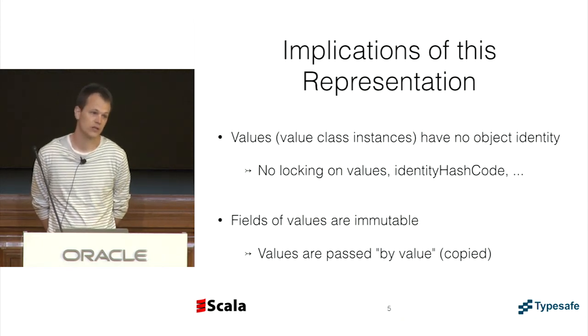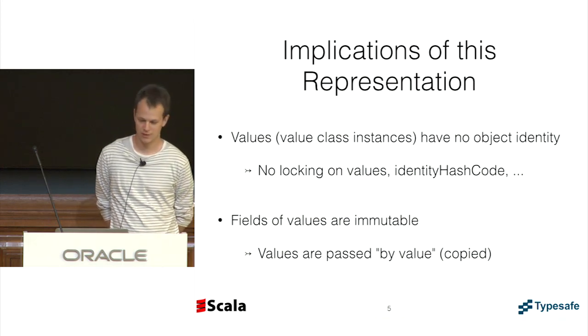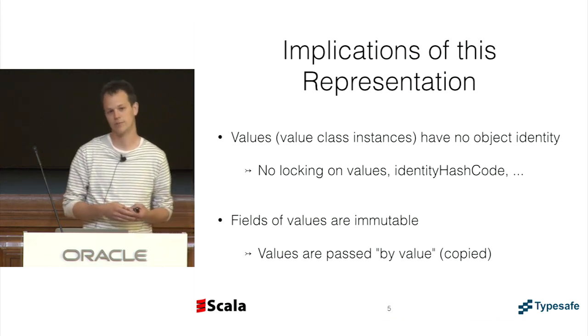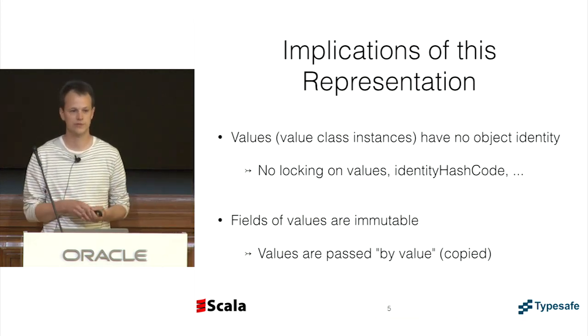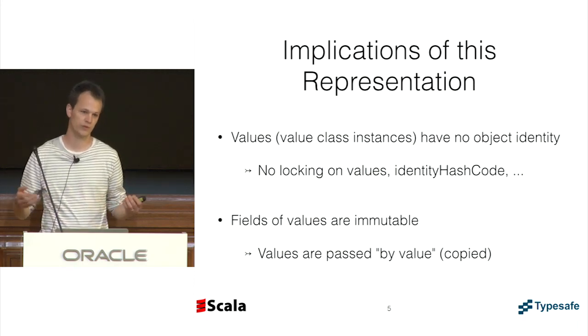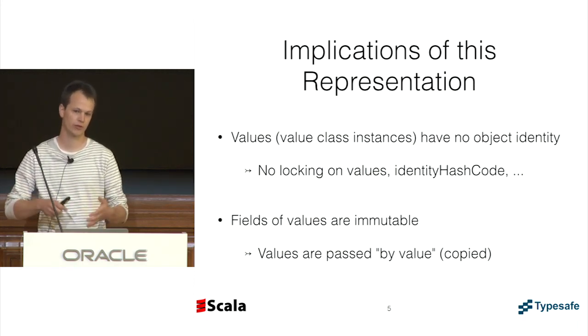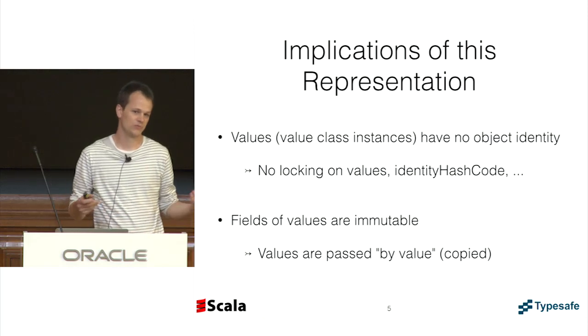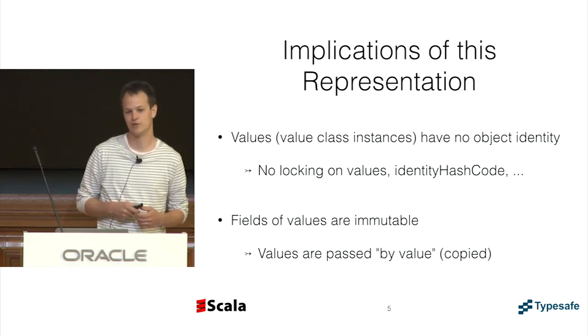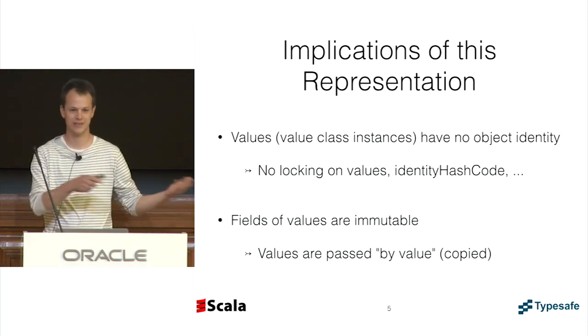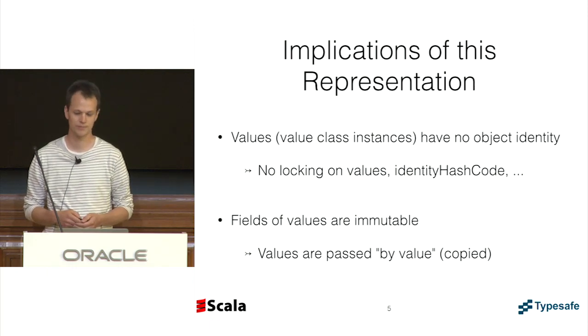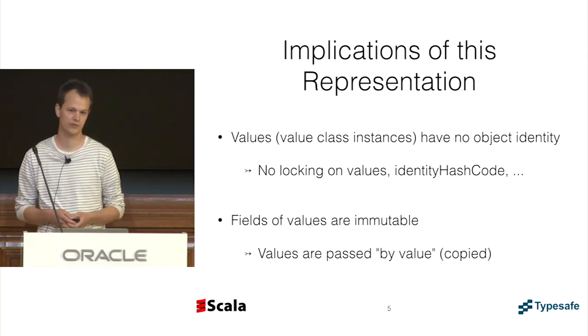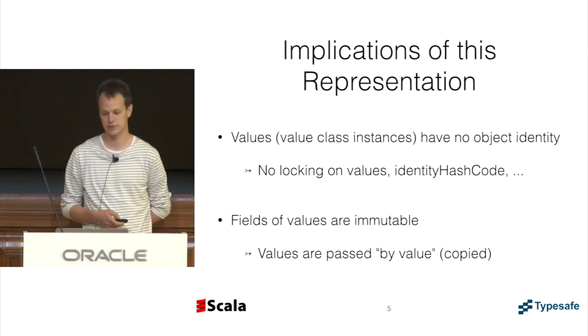The other main consequence is that the fields of a value are not mutable. The main reason for that is because they are copied around. If you pass a value to a function, then a copy is created, and it would be very surprising if you could mutate that copy and not mutate the original thing. So by definition, value class fields are always immutable.